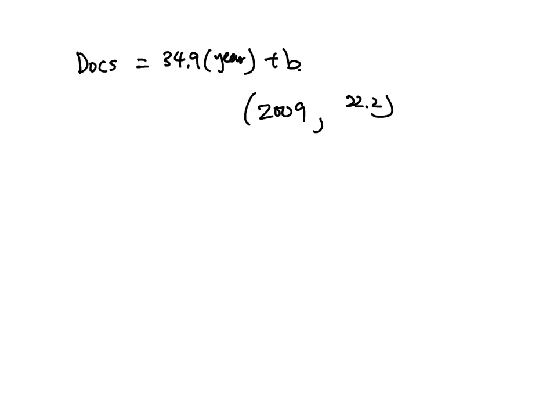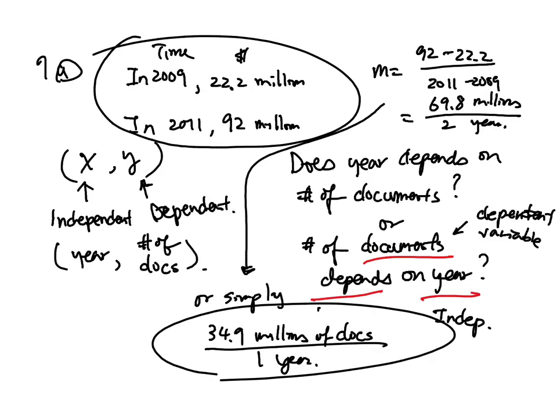And actually, you know what? I did not read the direction. Notice what the directions say. The direction says let T be years since 2000. Okay, I did not read direction on that one. Now, is that going to affect our slope? Answer is no, right?